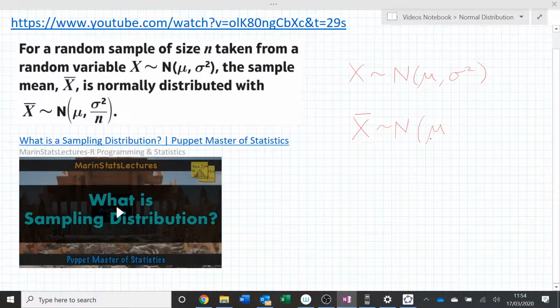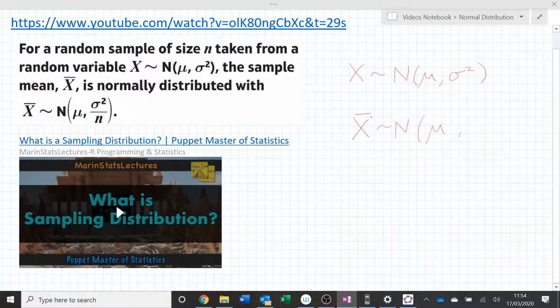You would expect that. If I took the average of one particular table's heights in my class, I would expect the average of that table to be similar to the average of the whole class. But because we're taking means, it brings the averages closer together.